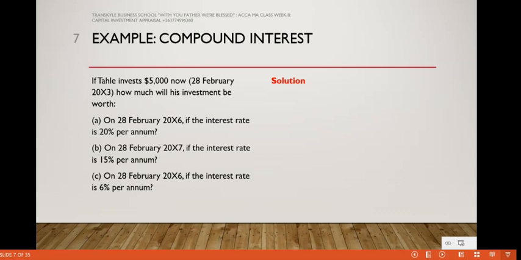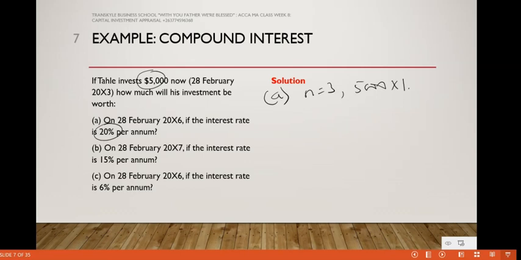We are going to say that is for part A. Our n is equal to 3. So therefore the investment would be $5,000. Remember, we are talking of the $5,000 that has been invested today, multiplied by 1 plus R. That is the interest rate per annum is 20%.